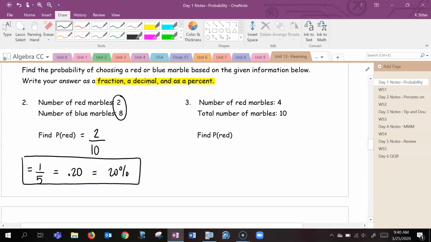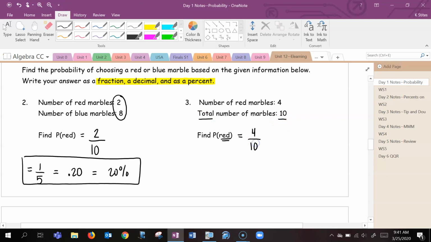Okay, let's try another one. Number 3, number of red marbles is 4, total number of marbles is 10, we're still finding the probability of red. Red is our desired outcome. That's going to go on top. But be careful. A lot of people want to add this 4 and 10, but make sure you're reading. They tell you the total number is 10.